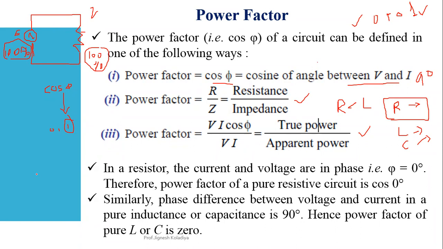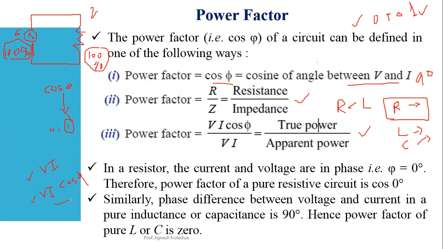Now if you remember two equations for power, one is Vi and the second one is Vi cos phi. Vi is my apparent power, and Vi cos phi is the active power. So apparent power means what? Power which is available to transfer.